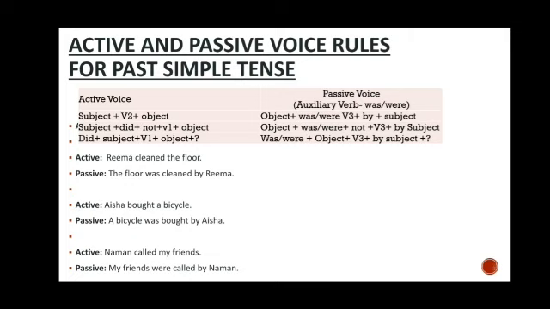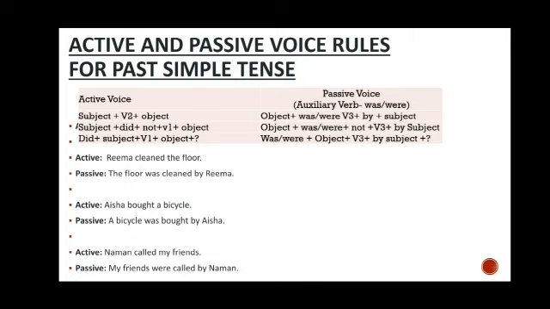How are you changing it in passive voice? See, object plus was/were plus verb third plus by plus subject. In a negative, it is object, was/were plus not, plus verb third plus by plus subject. In interrogative, it is was/were, object, verb third plus by plus subject.